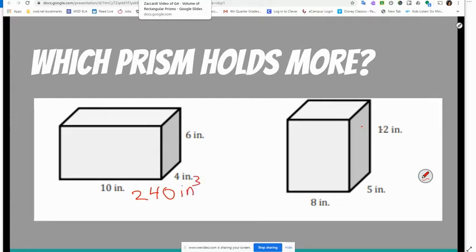And 8 times 5 is 40, and 40 times 12 is 480 inches cubed. Which one holds more? Yeah, this one. 480 inches cubed is more than 240 inches cubed.